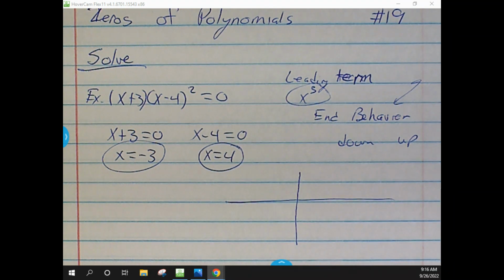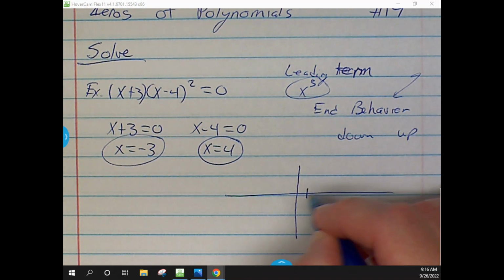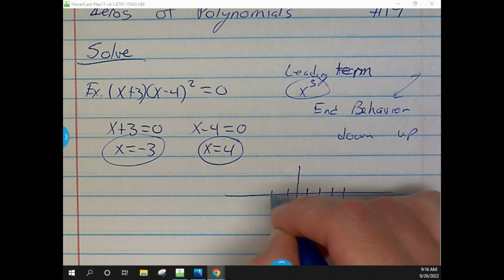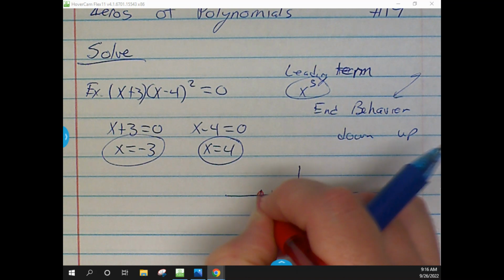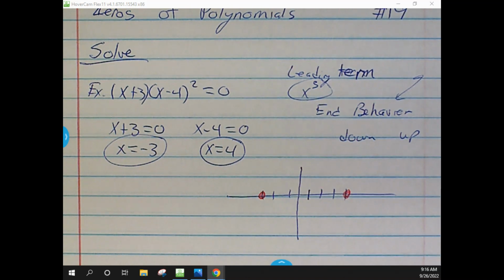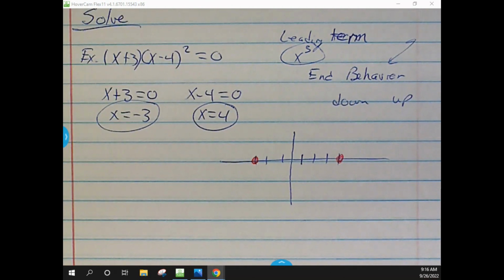Where that all tied together, and this is where we're going to bring in the middle stuff today, is that if we know what these solutions are, you basically go on here and graph points where those solutions are. Here's one at x equals 4. Here's one at negative 3. Okay, and here's how the end behavior ties in with the graph.